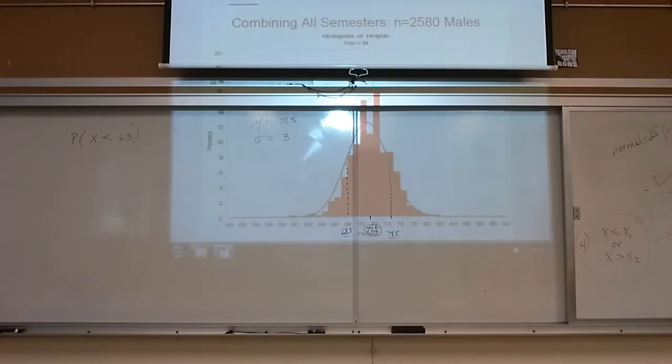Does that look about right? I guess not. It should be a really small area, right? You put standard on it. This is not a standard. It has a mean of 71.5.